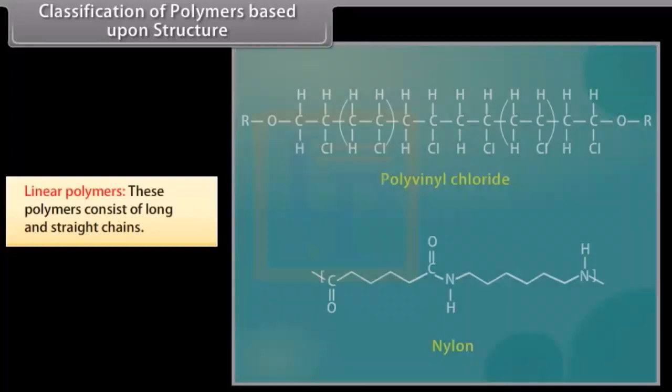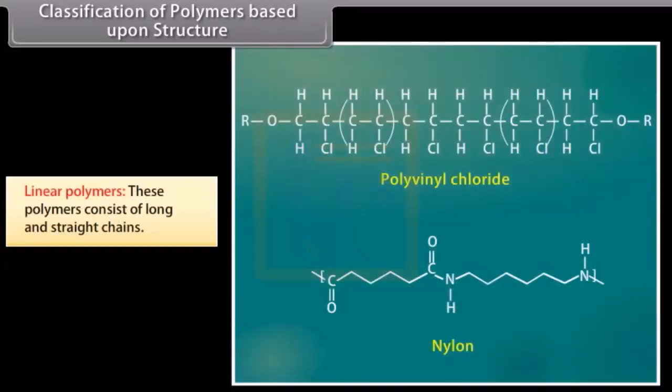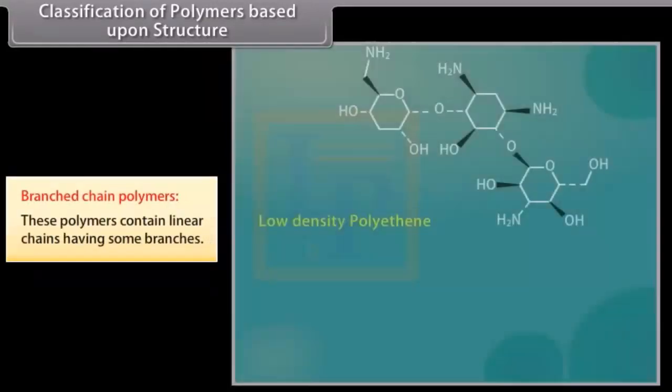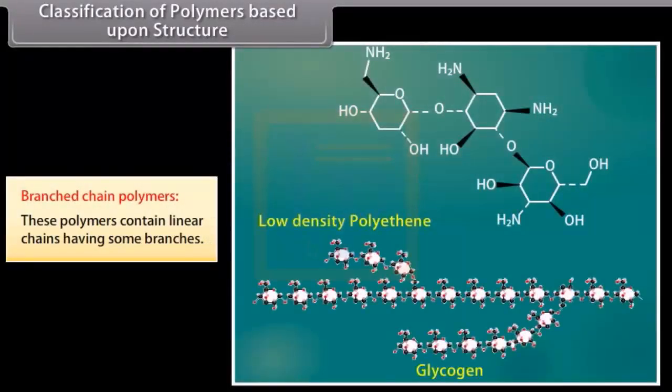Classification of polymers based upon structure. Under this type of classification, there are three subcategories. Linear polymers. These polymers consist of long and straight chains, for example, polyvinyl chloride and nylon. Branched chain polymers. These polymers contain linear chains having some branches.